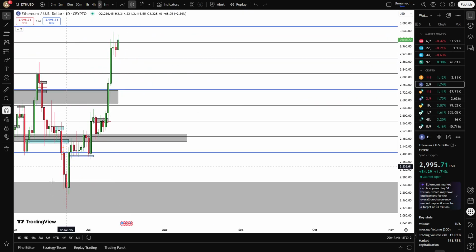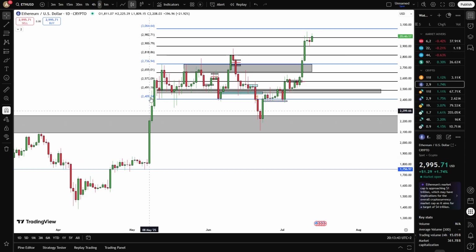On this initial move right here, this is the day that Bitcoin started to range. Right around here, Bitcoin started to form that range already. And ETH just had one final impulse before it really started to form its range.